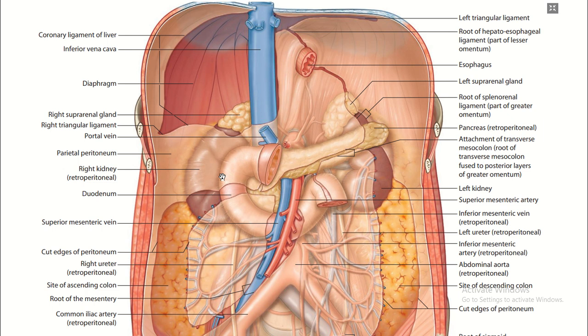These kidneys are located up in the abdomen, and your right kidney is lower than the left kidney. Why? Because if you look at this place, what is found here? Your liver. And we said that the right lobe of the liver is bigger than the left lobe of the liver. So that makes the right kidney lower than the left kidney.